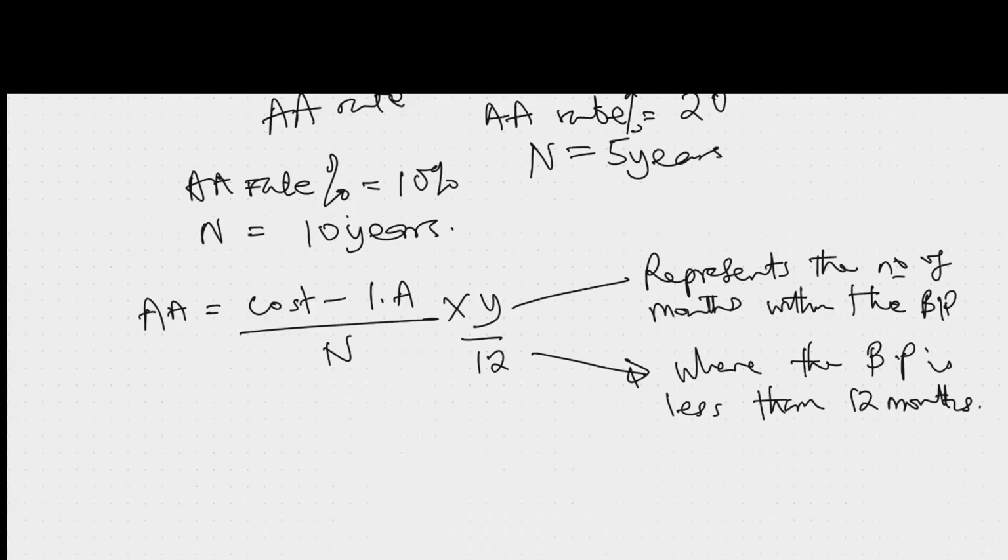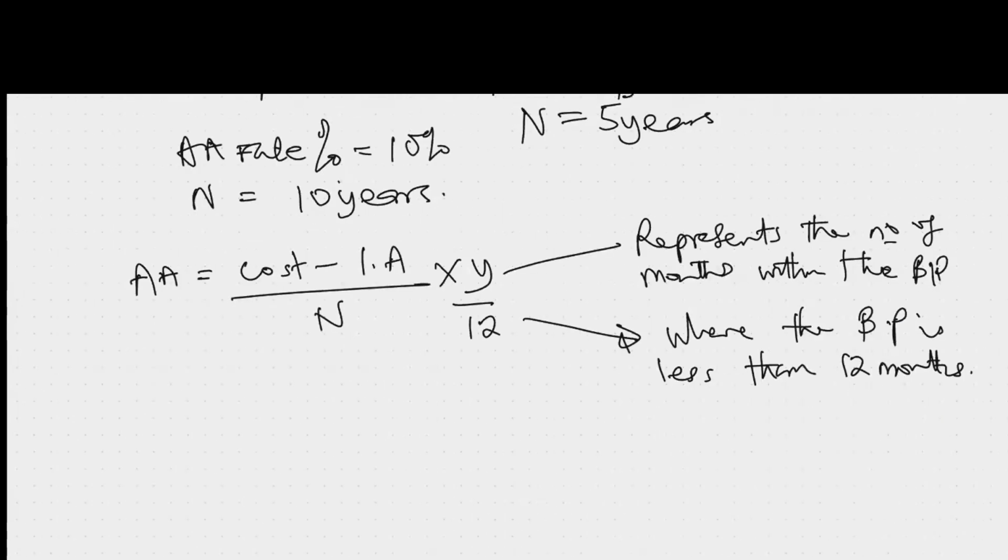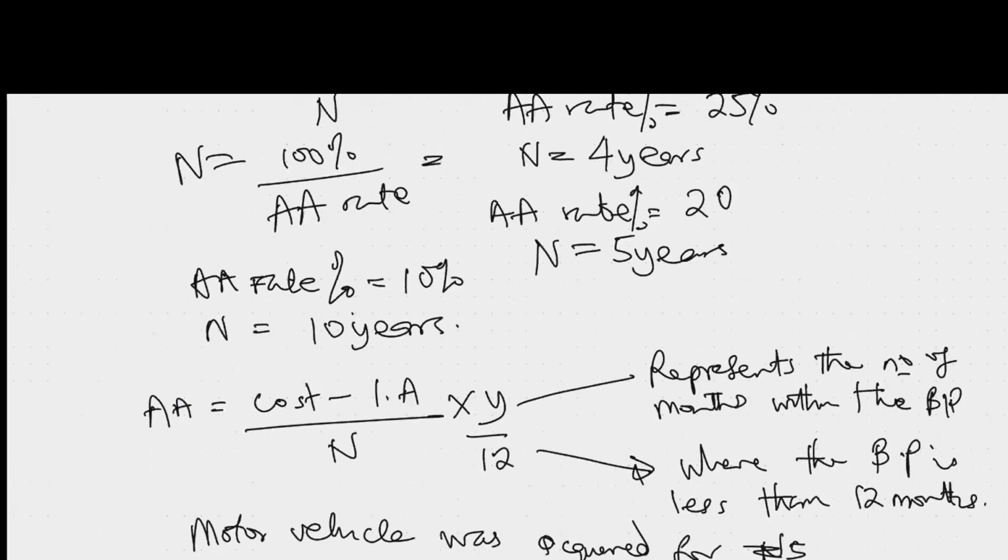Now, let's use the first example to do that. A motor vehicle was acquired for 500,000.